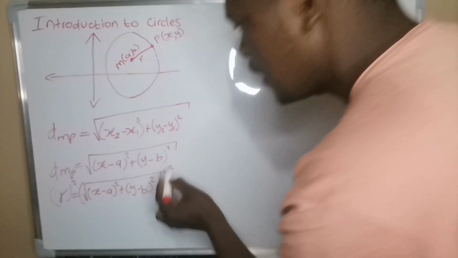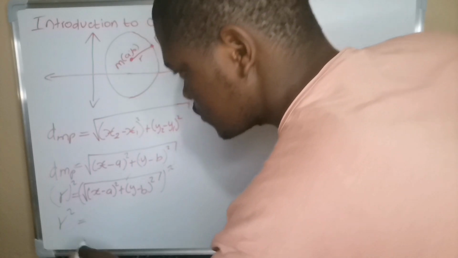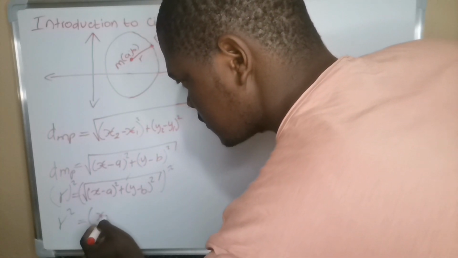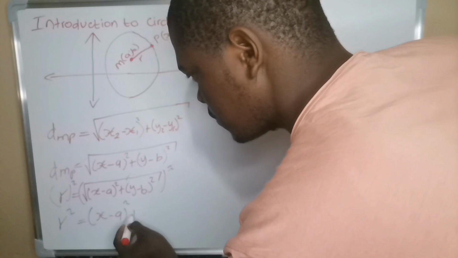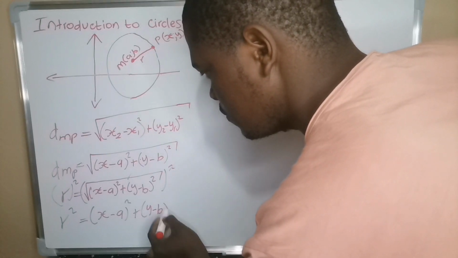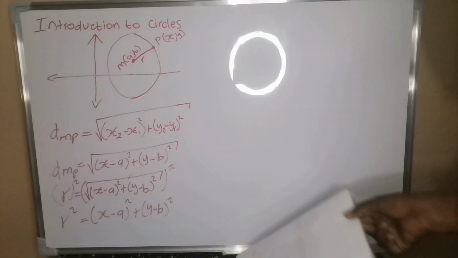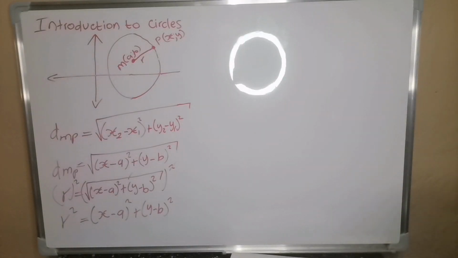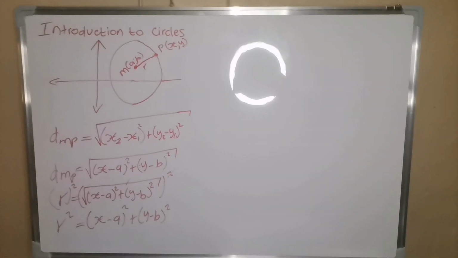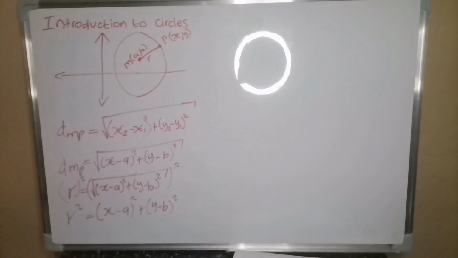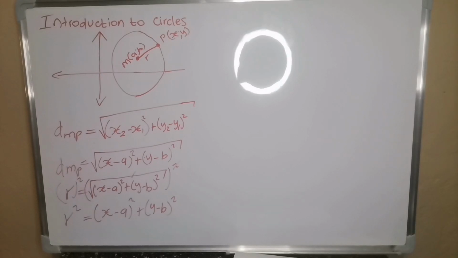Squaring will remove our square root. We're left with r squared is equal to x minus a squared plus y minus b squared. So this is the formula we're going to use to determine the radius of the circle.